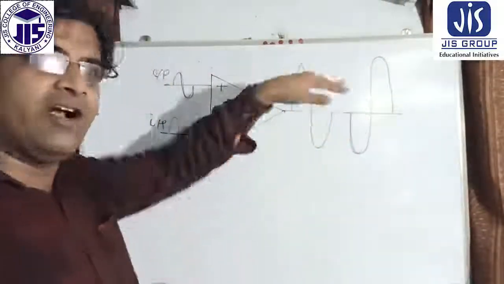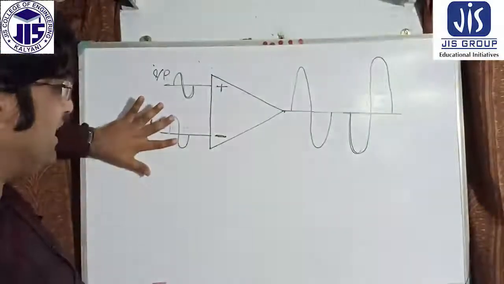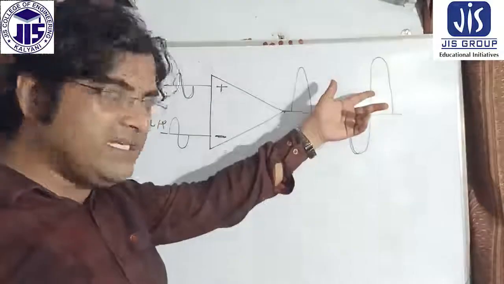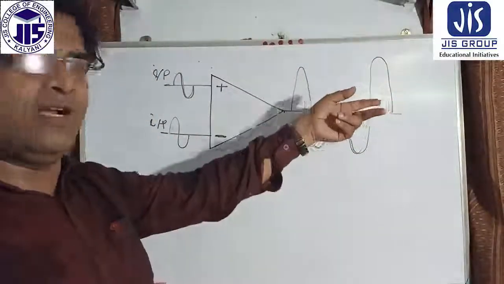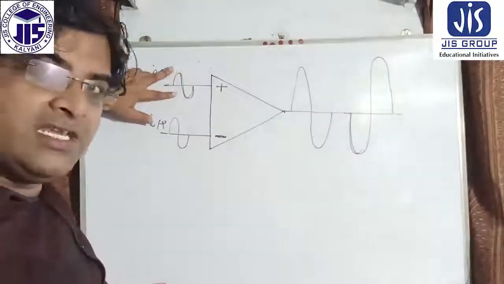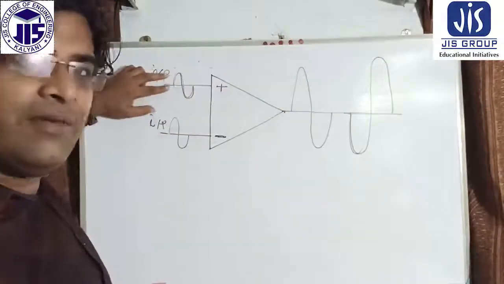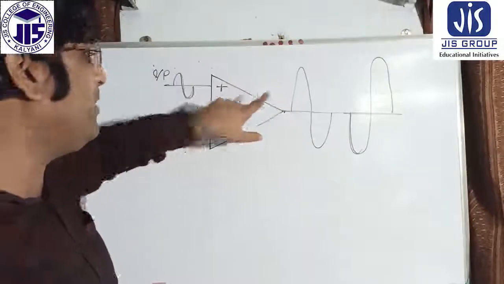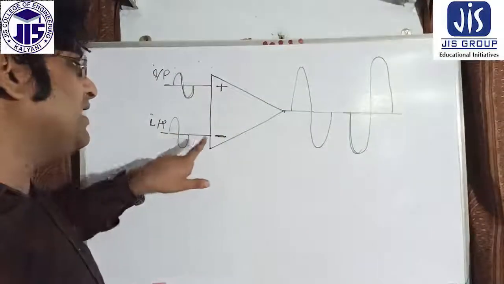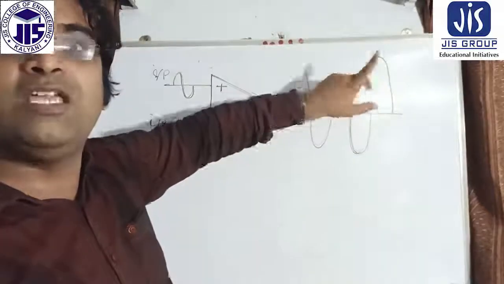The signal is amplified, but it is inverted, invertedly amplified. Whatever signal I give here is amplified but inverted. Whatever signal I give in the non-inverting terminal is just amplified. Here I introduce the signal in the inverting terminal, and it is amplified but invertedly amplified.